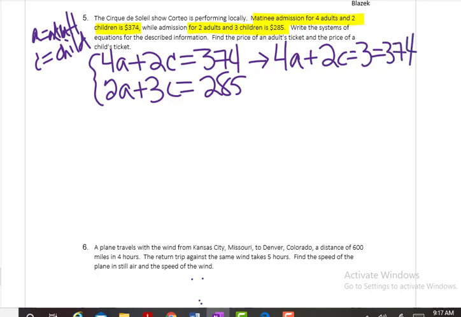And what I'm going to do with the bottom equation is multiply the whole thing by -2.